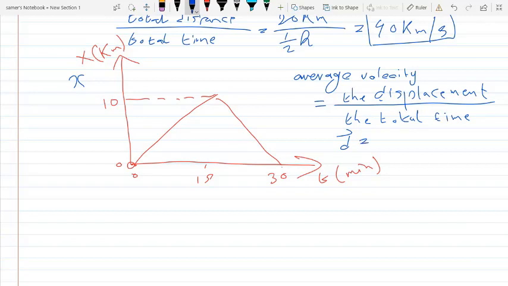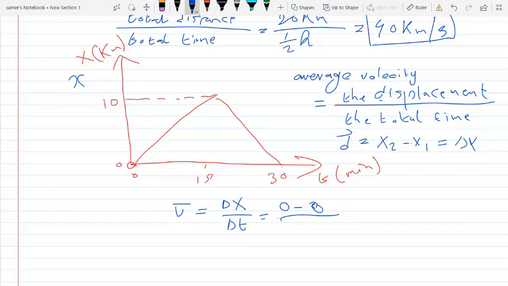It is x2 minus x1, or we can call it delta x. So V bar, i.e. V average, is equal to delta x over delta t. In this case, delta x is 0 minus 0, divided by the total time, which is 30 minutes or half an hour, and this is equal to 0.